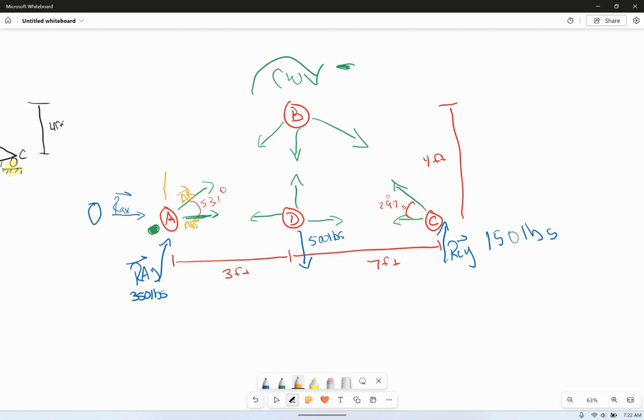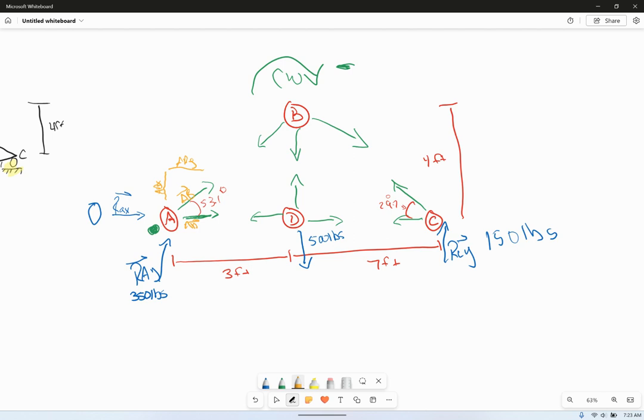And to figure out AB, I have to identify the ABX and the ABY. So I've got one unknown, but I've got an angle, one unknown, two, three. So I've got some work to do here.